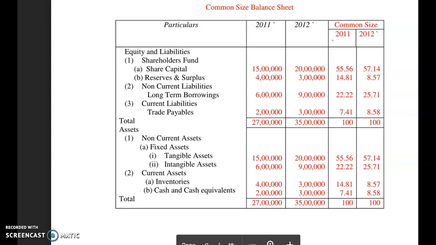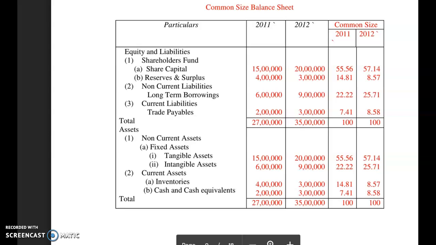Likewise, for long-term borrowings, we will say very simply 100 divided by 27 lakh into 6 lakh. The percentage comes to 22.22. Likewise, for trade payables, 2 lakh, very simply 2 lakh divided by 27 lakh into 100. So it will give you a percentage of 7.41. This is for the equities and liabilities for the year 2011.